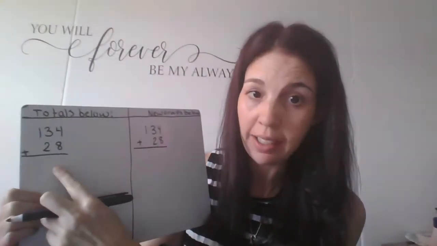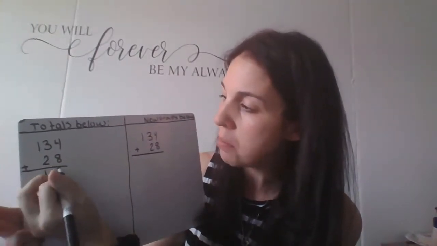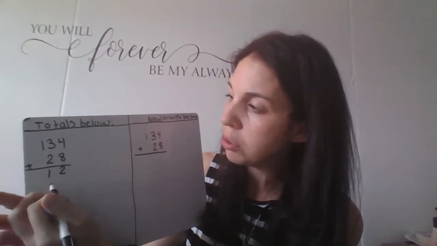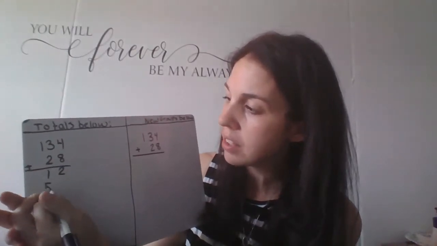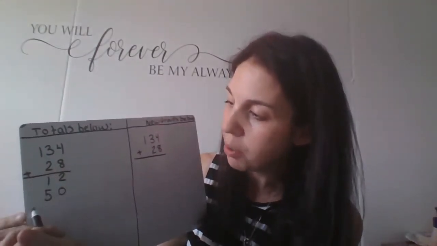So totals below, that is the one that we did yesterday, and I'm going to remind you of what the strategy was. So totals below, we add our ones, 8 plus 4 is 12, and we write it below. 3 plus 2 is going to give us 5, but we know that these are 10, so it's actually 50. And then we have a 100.